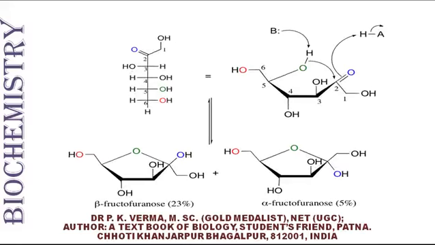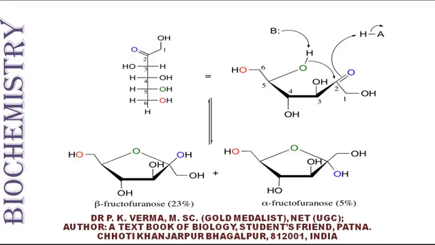Here is a fructofuranose. The hydrogen shifts from carbon number 5 to carbon number 2, and therefore fructofuranose of beta type or alpha type is formed.